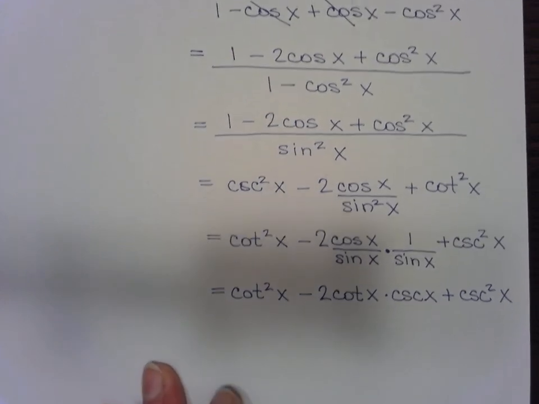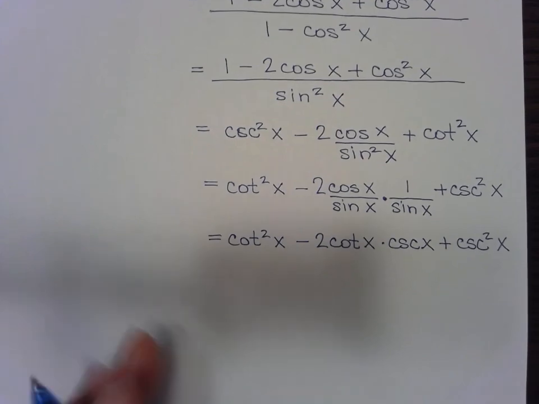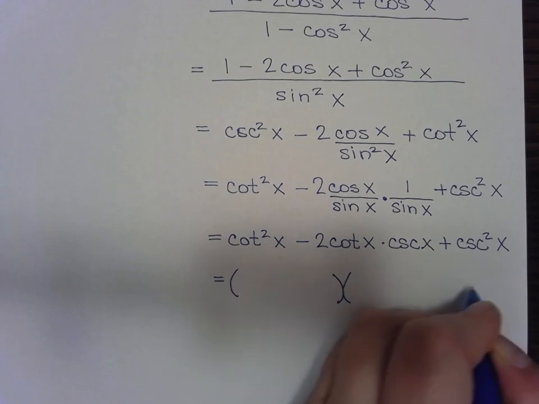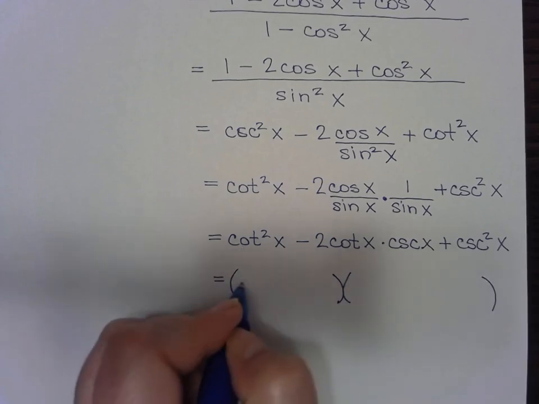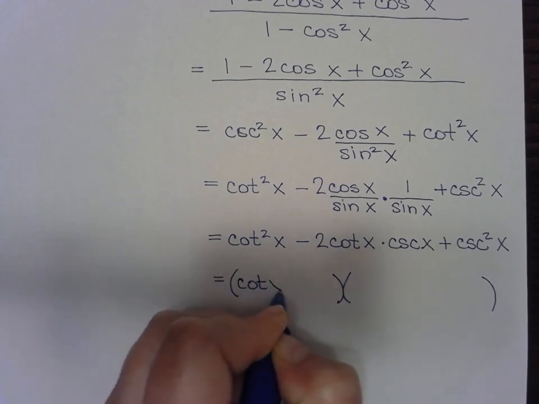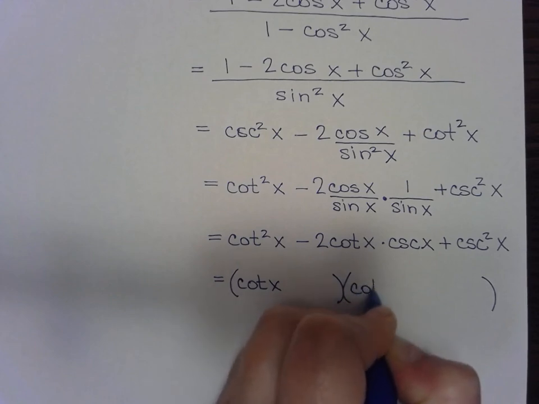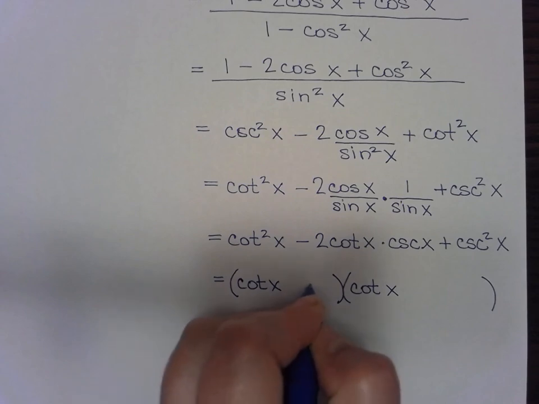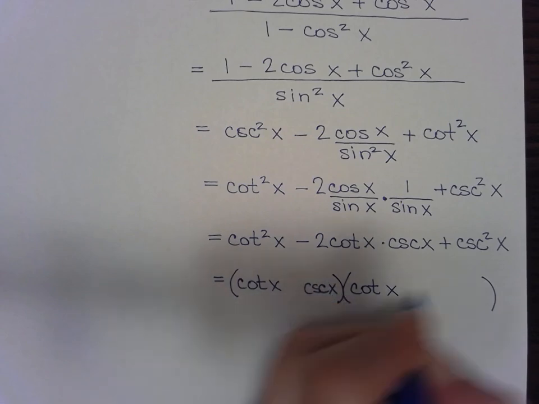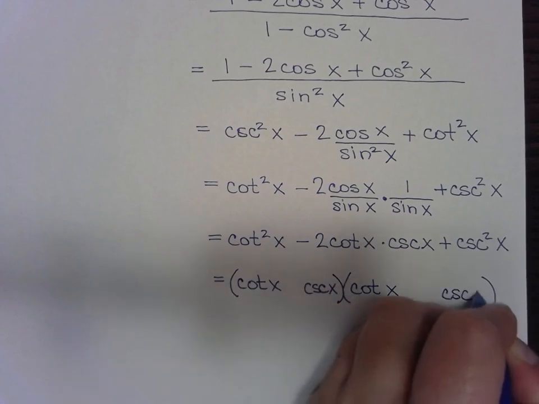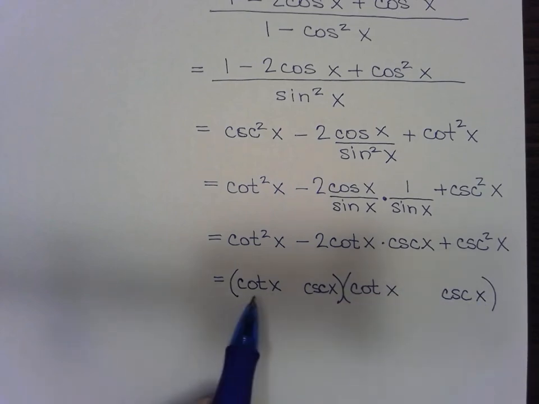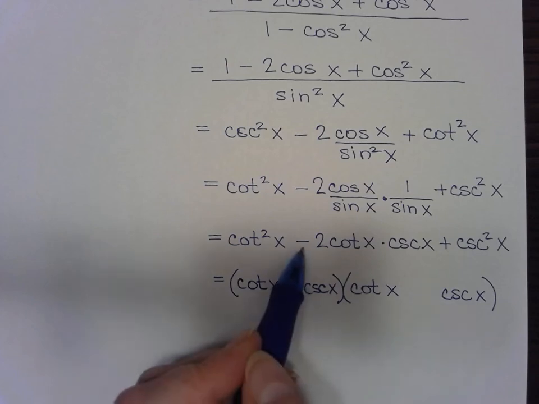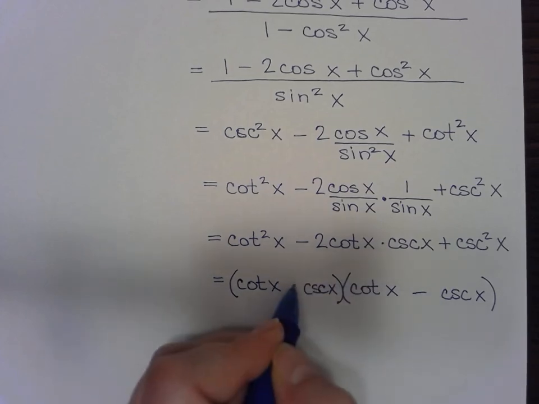Okay, but our final answer is factored, and so we really need to factor this. Right, to get cotangent squared, I need the cotangent of x in the front of both parentheses. To get the cosecant squared, I really need the cosecant in the back of each parentheses. And then in the middle, I'm going to have the cotangent times the cosecant, but I need a negative.